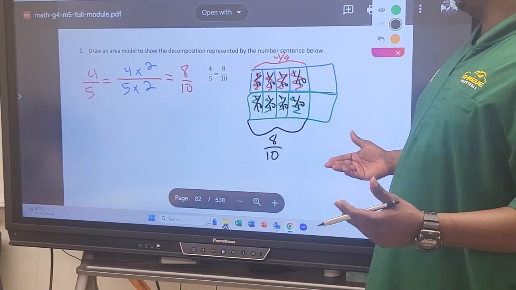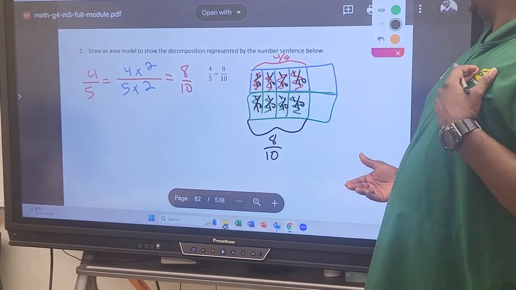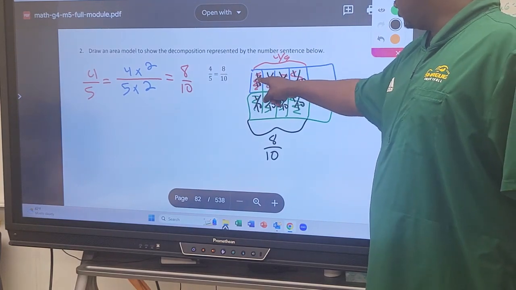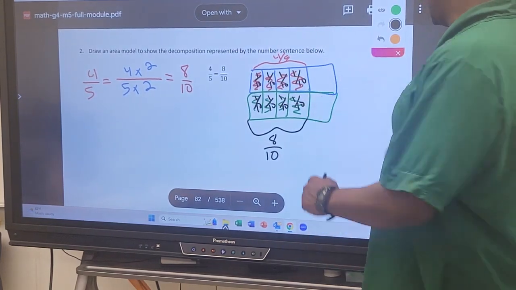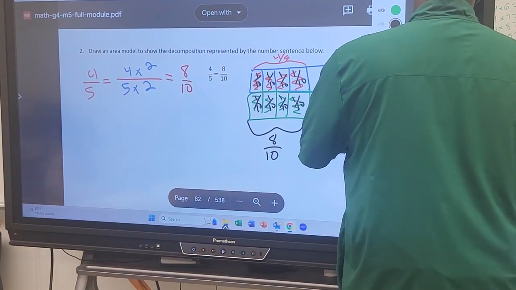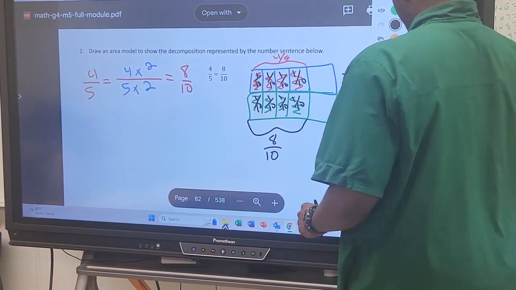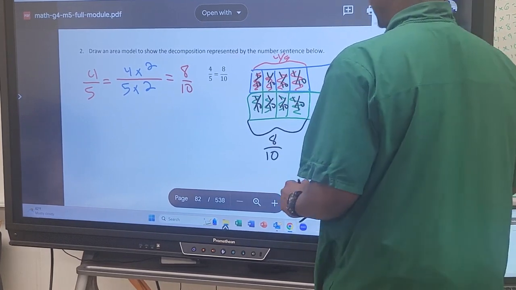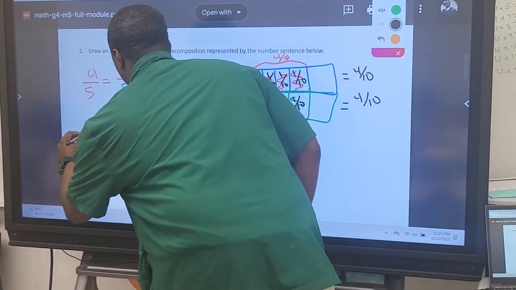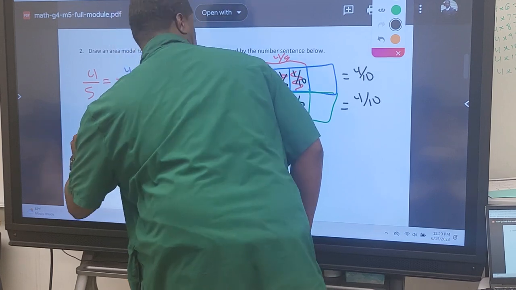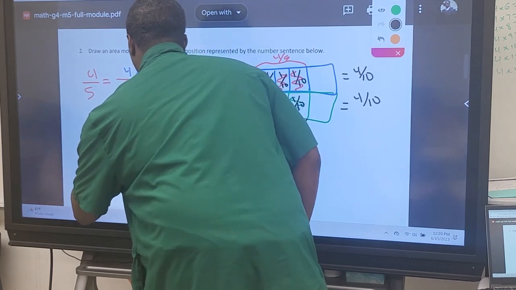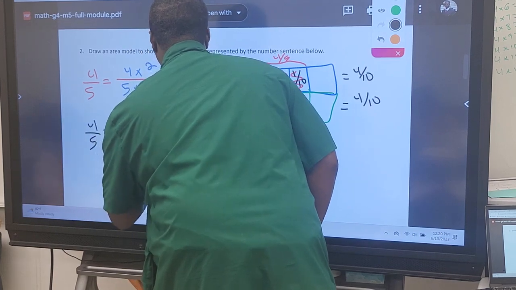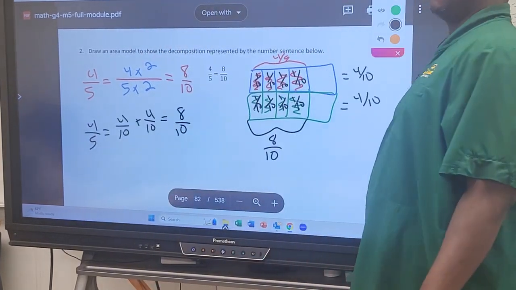Either way, I'm accepting all answers. But me, I'm gonna do mine as least amount of work as possible. I know that 1/10 plus 1/10 plus 1/10 plus 1/10 equals 4/10. Same on the second row. So I'm gonna group mine as 4/5 is equal to 4/10 plus 4/10 is equal to 8/10.